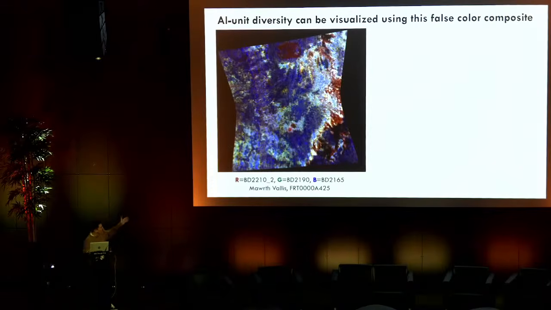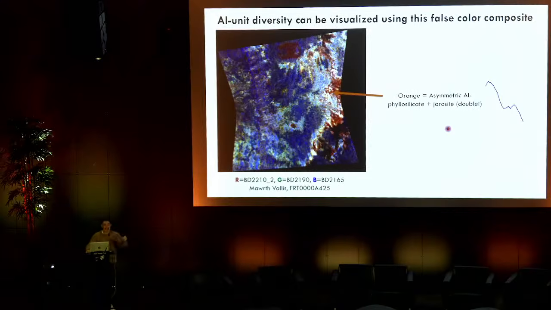Here's a false color composite I've put together, looking at the different band depths across the aluminum silica absorption feature, and we can visualize the aluminum diversity. In this case, the orangey, bright yellowy stuff corresponds to that doublet between asymmetric aluminum phyllosilicate and jarosite.